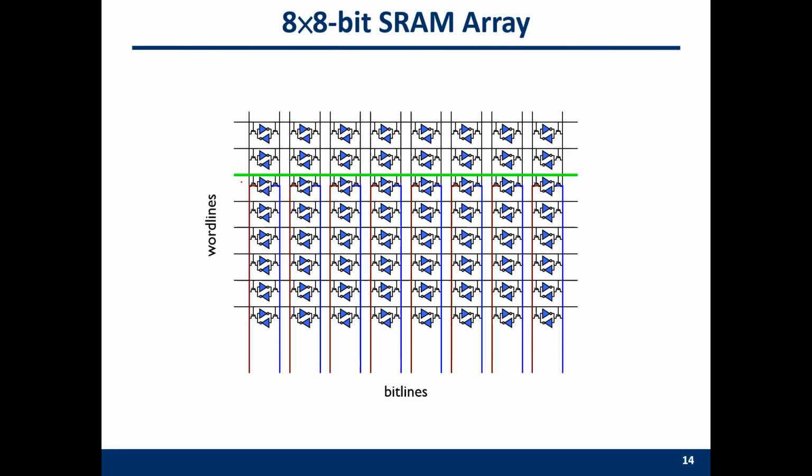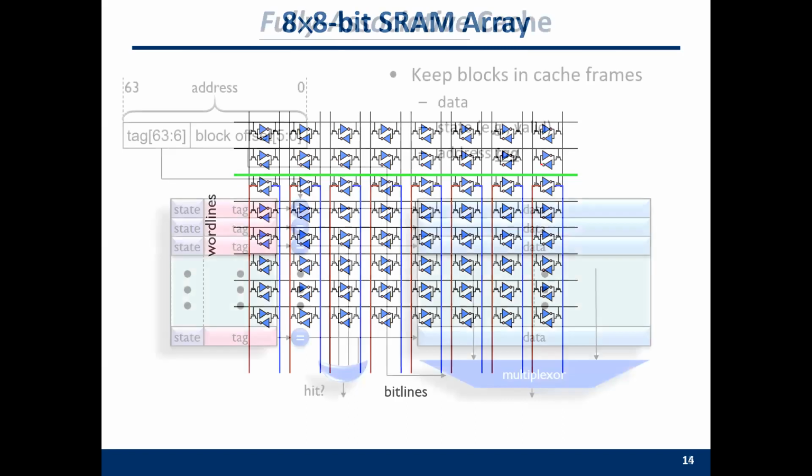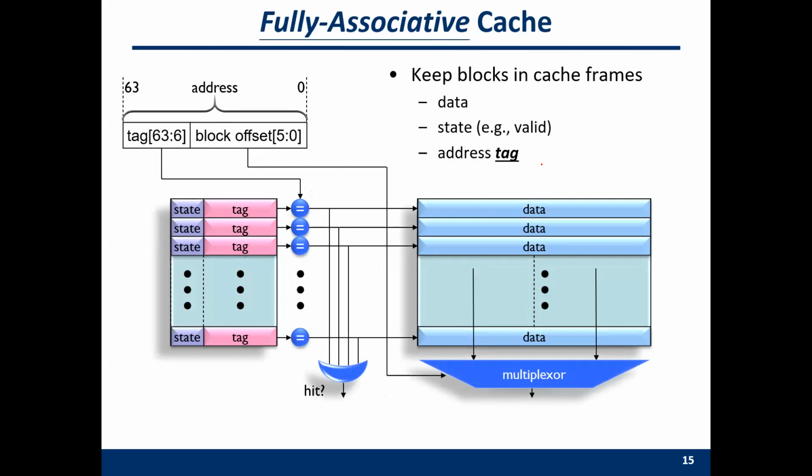So in this particular example, this row is enabled. With the memory, we can organize them into caches. This is a typical cache. We have a tag, we have a state, and we also have the data area to record the data.